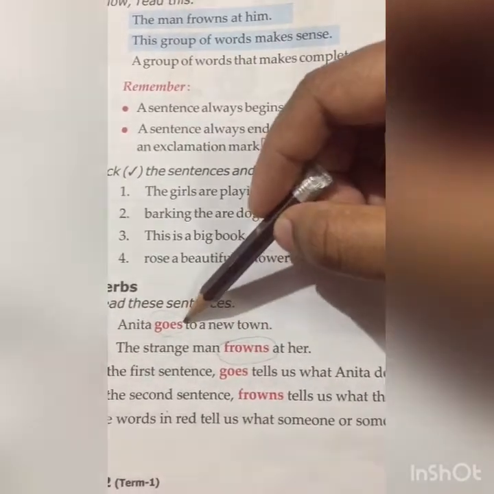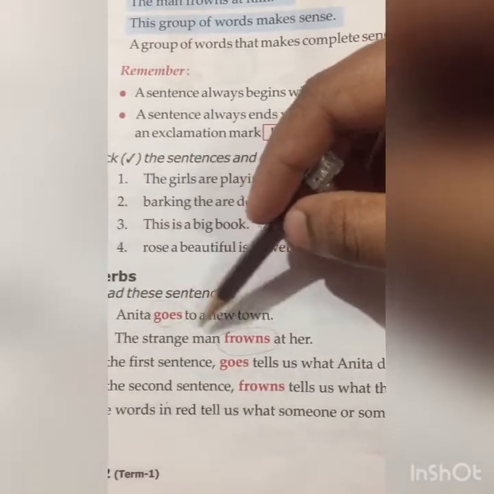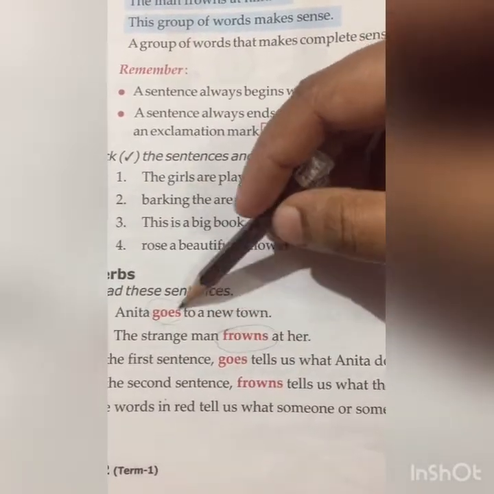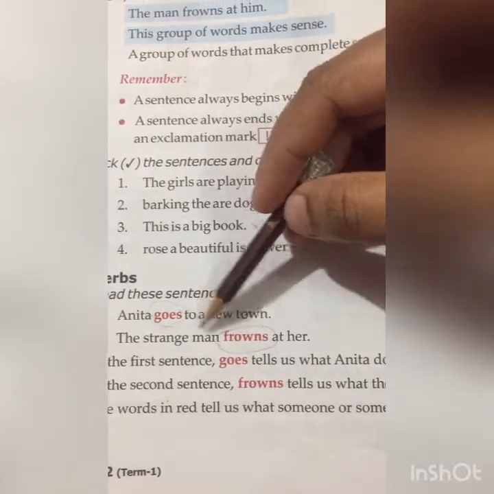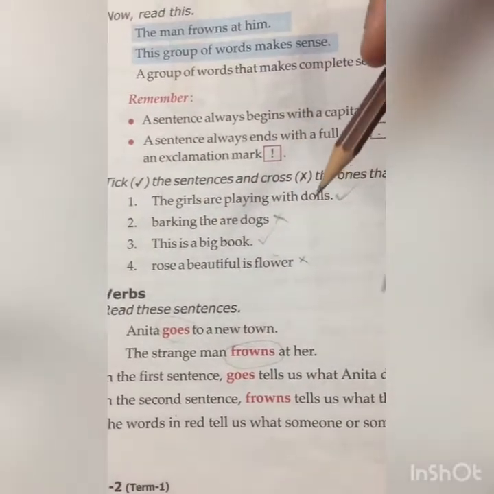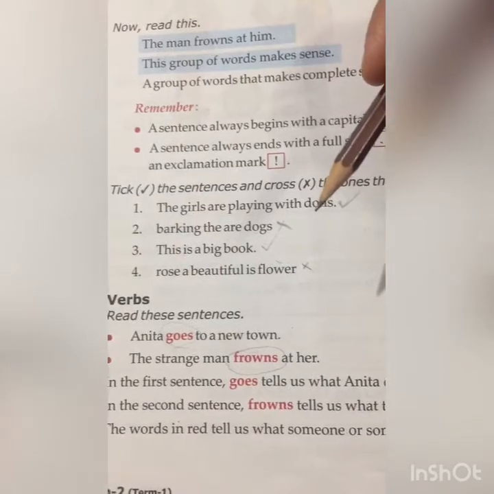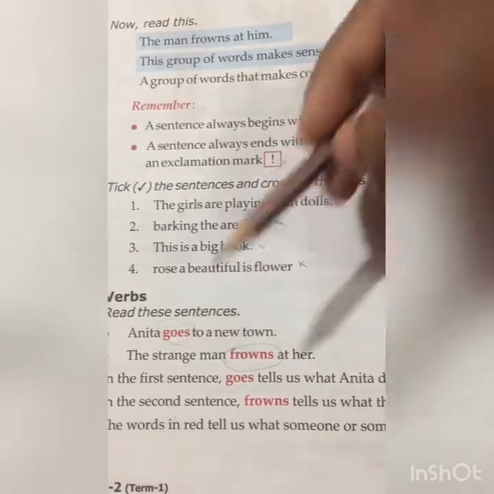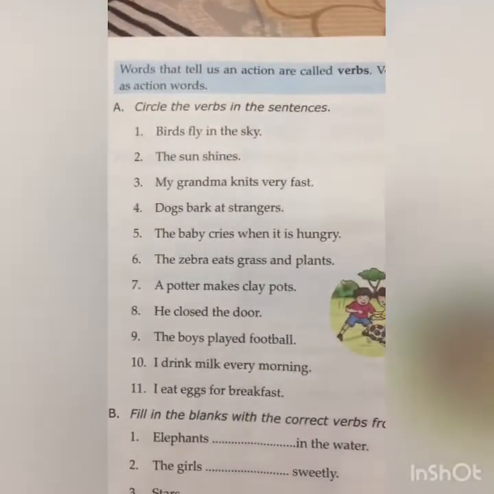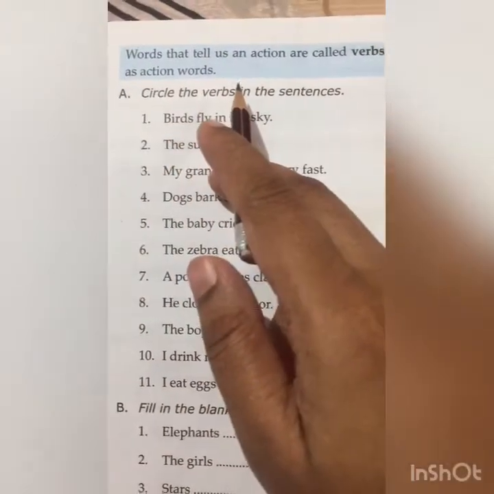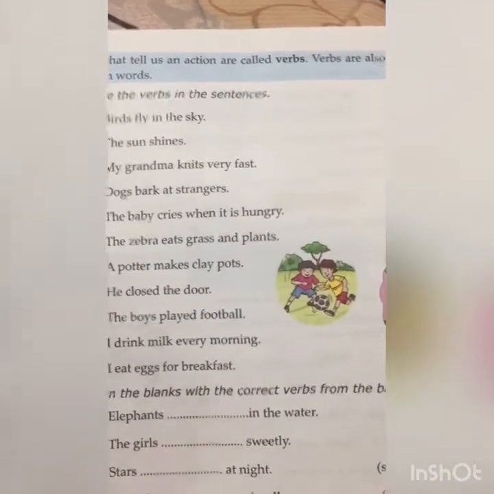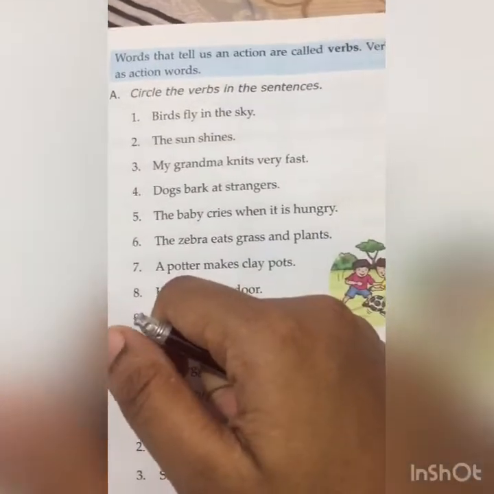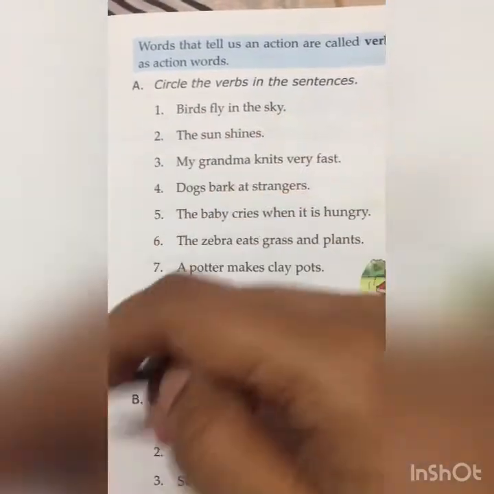Okay, these words tell us what they are doing, so they are called doing words or action words, and we call them verbs. Words that tell us an action are called verbs. Verbs are also known as action words.